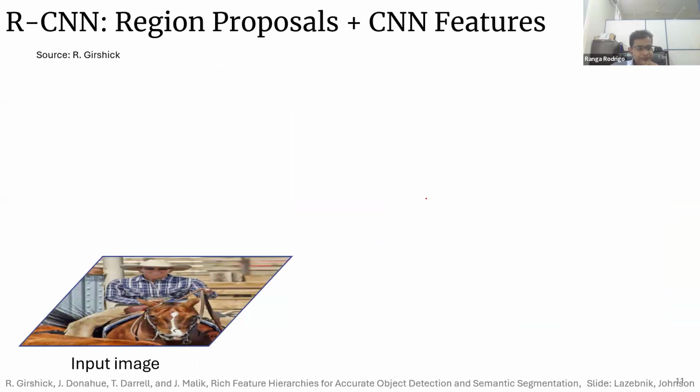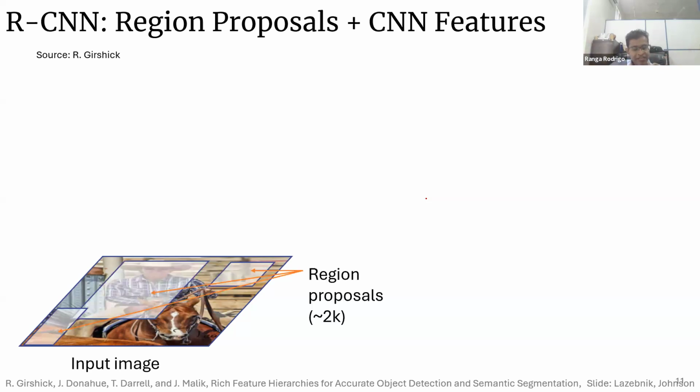This is the first contribution in 2015, called R-CNN. It's a very famous paper: region proposals plus CNN features, due to Ross Girshick and others. You can see the input image, and then you locate the 2000 region proposals that came out of selective search.